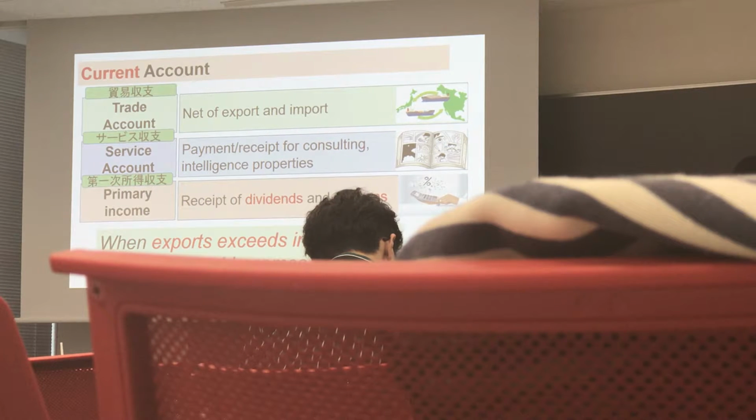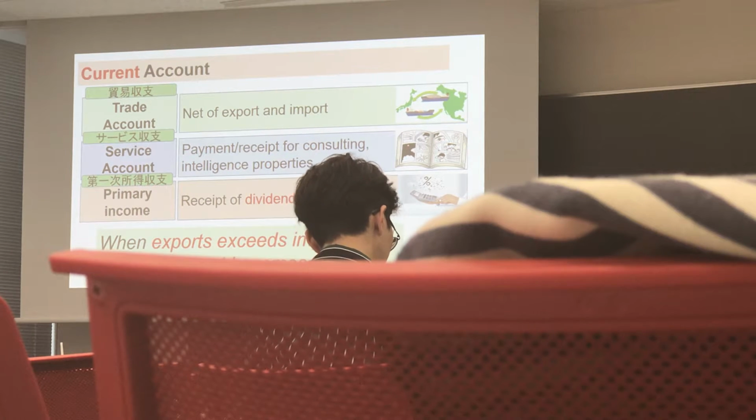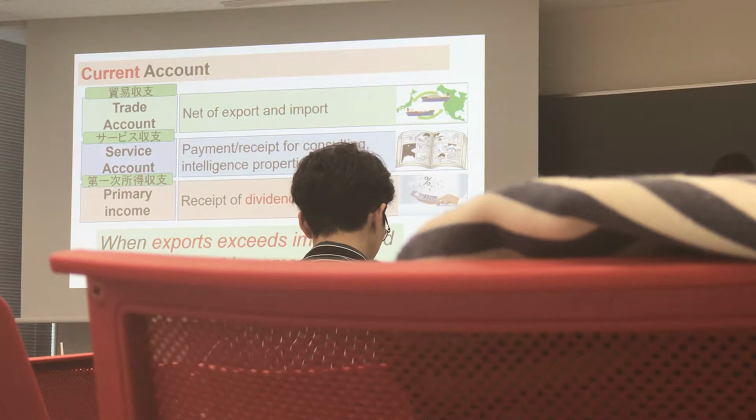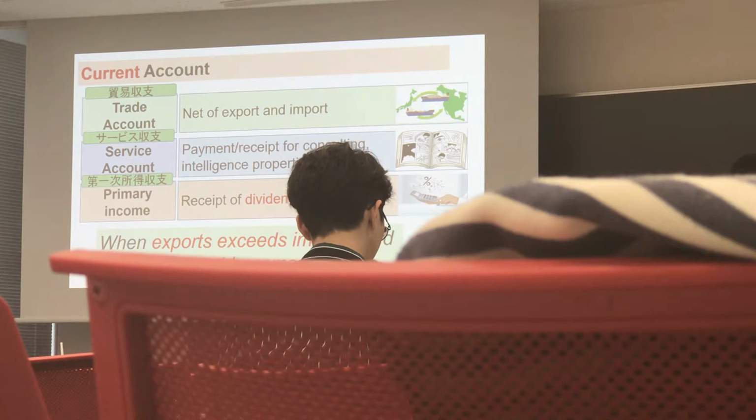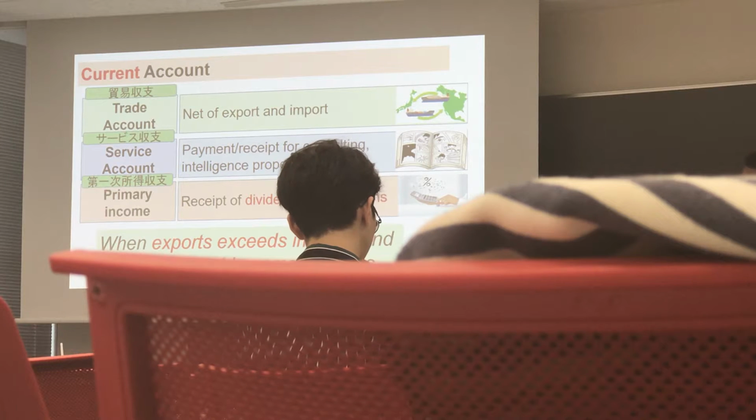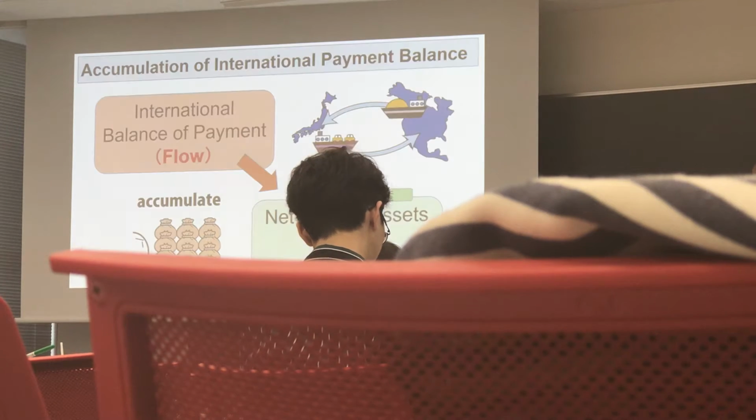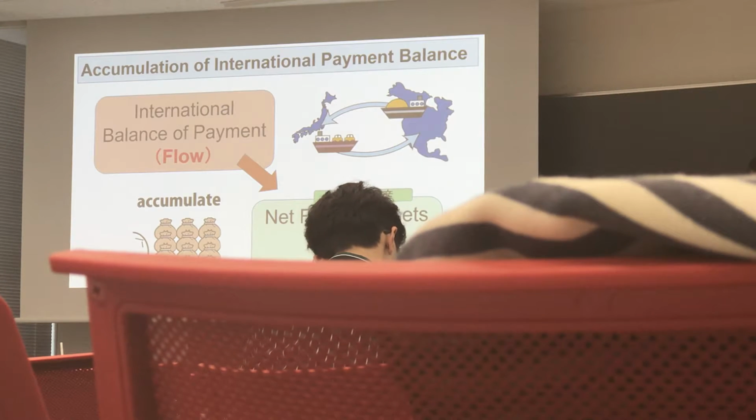And please flip over to the reverse. Handout number 4. And 2, net foreign assets. A, minor highlight.